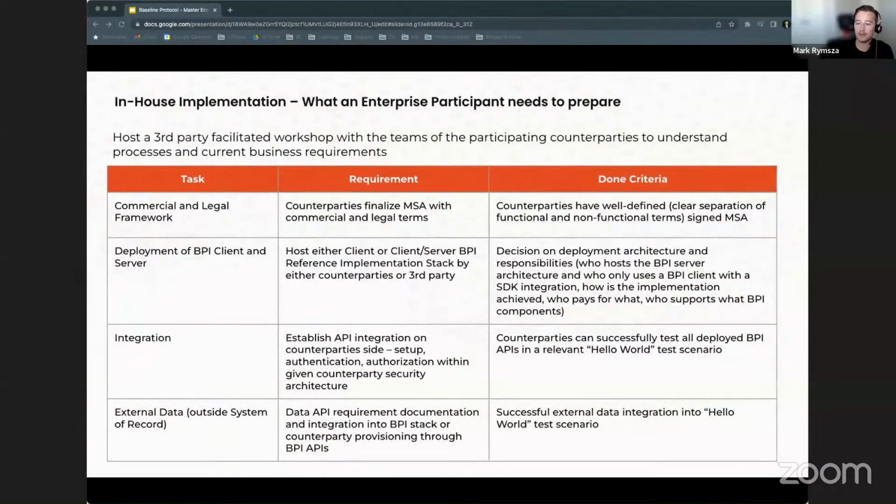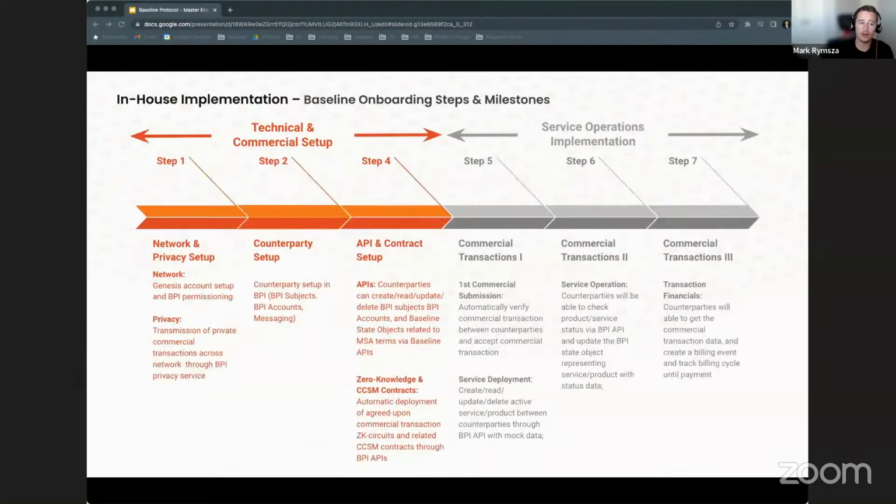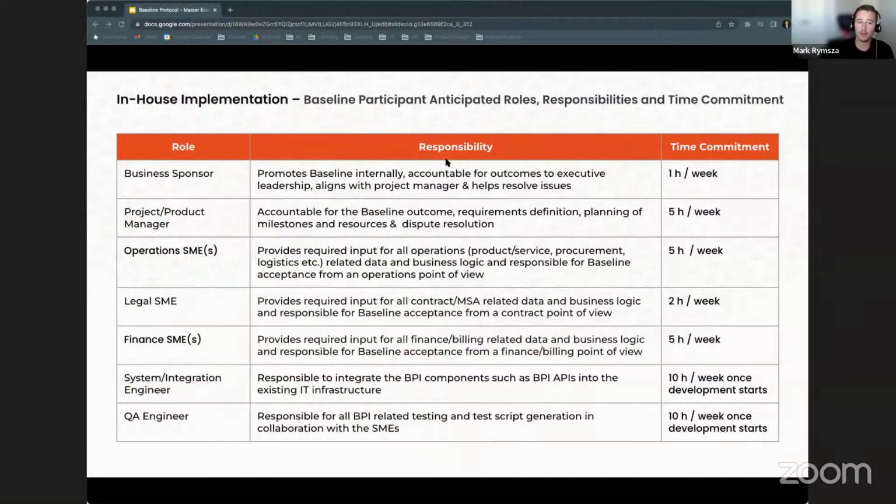And you can learn more about that on the Baseline Protocol website. We have some other slides here that go over what it would take to implement the Baseline Protocol, what you would need to prepare, what types of efforts you would need to go through, and how many hours for different roles it would take to implement something like this.